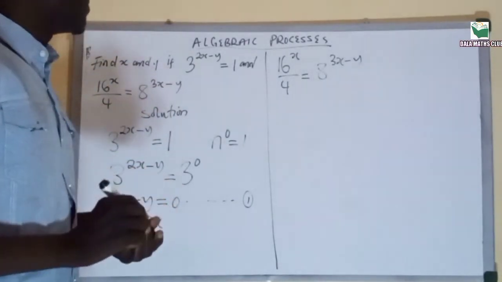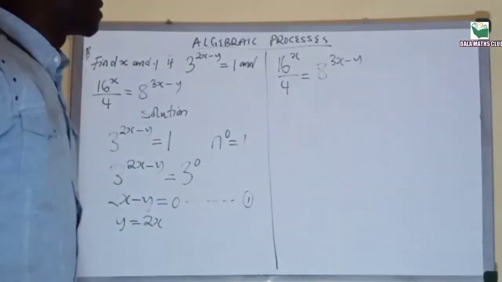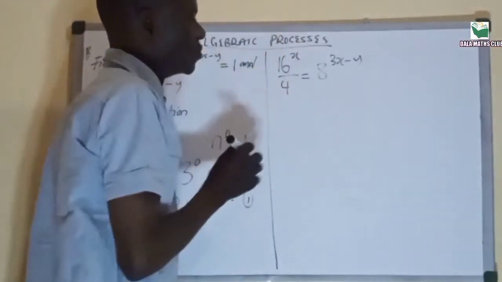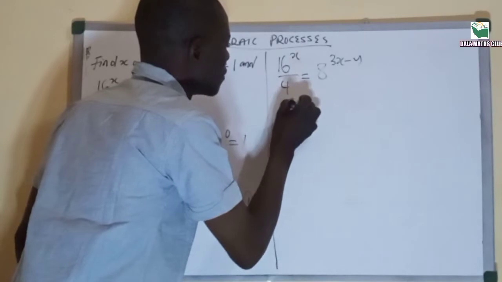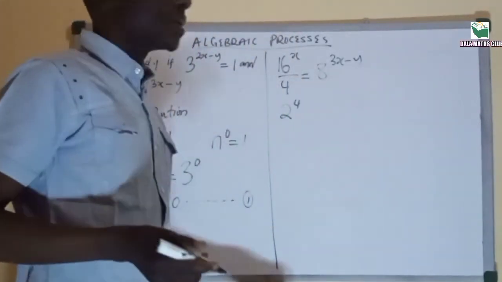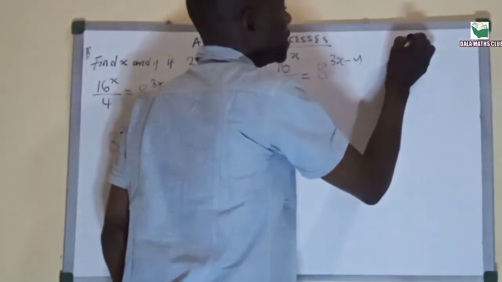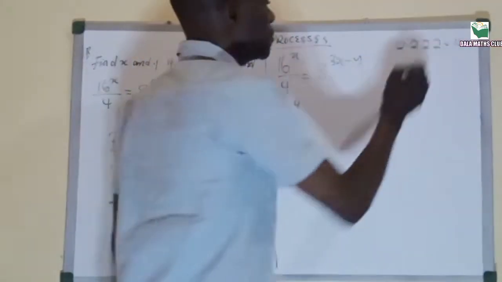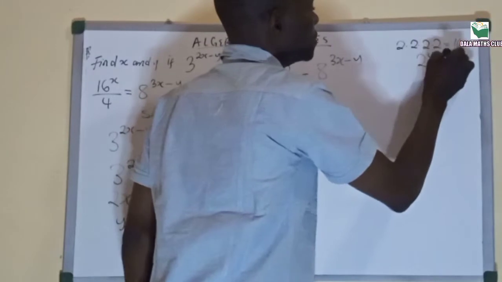To make this with the same base, we can make this like 2. If we say 2 power 4, 2 power 4 is the same as 16 because we have 2 times 2 times 2 times 2 is equal to 16. That means 2 power 4 is equal to 16.